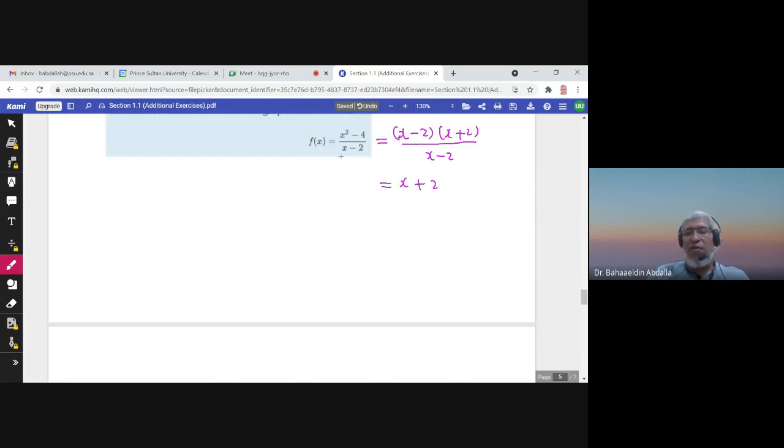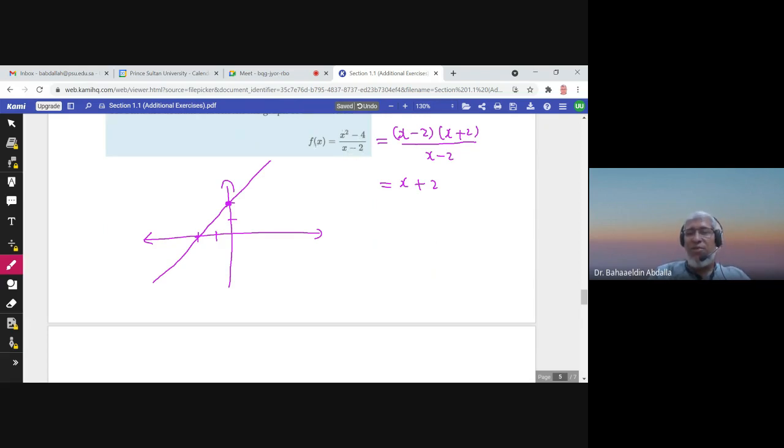So the graph of this function is the graph of this line, y equals x plus 2. If x is 0, y is 2. If y is 0, x is negative 2. And that's the graph of this line, which is the graph of this function.